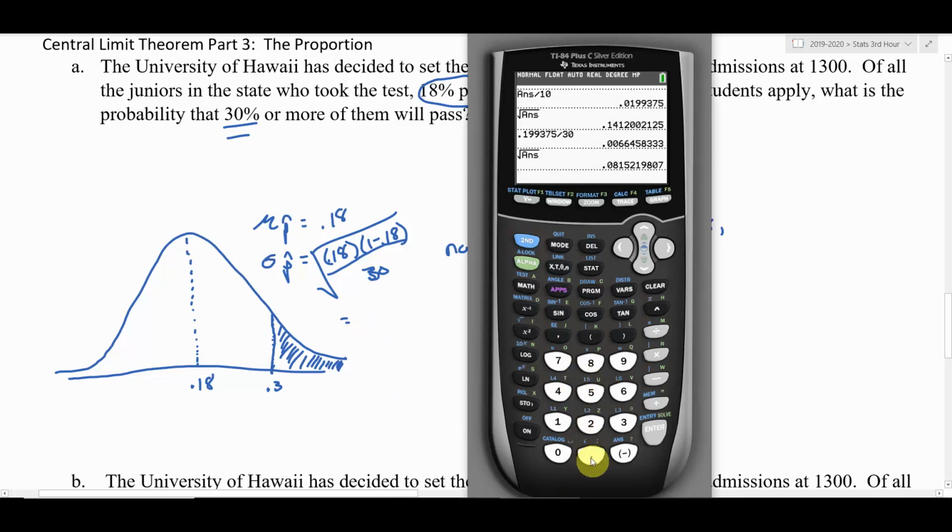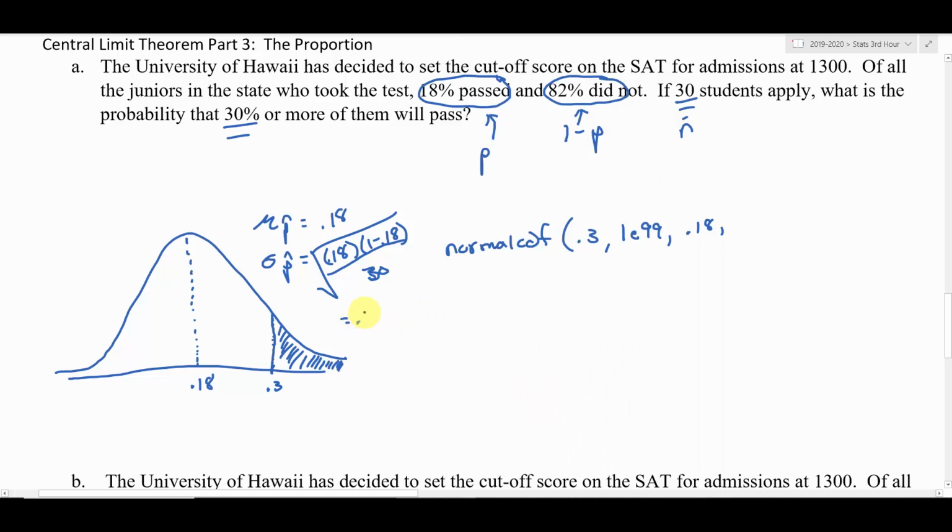So we got 0.18 times 1 minus 0.18. There it is. I'm going to divide by 30, and then I'm going to square root. Then we got 0.07. So we'll say 0.07 is the standard deviation of the sample proportions.